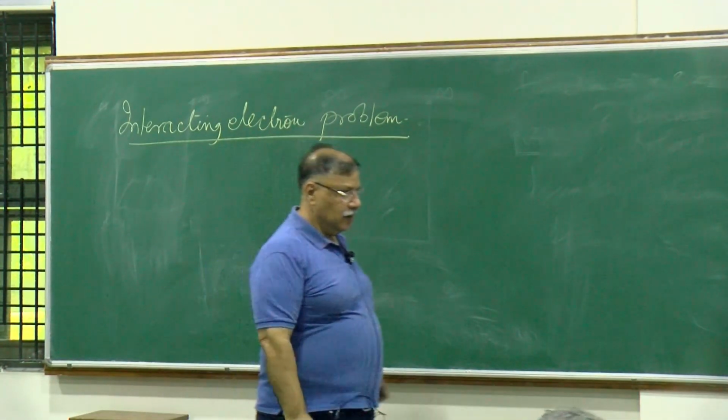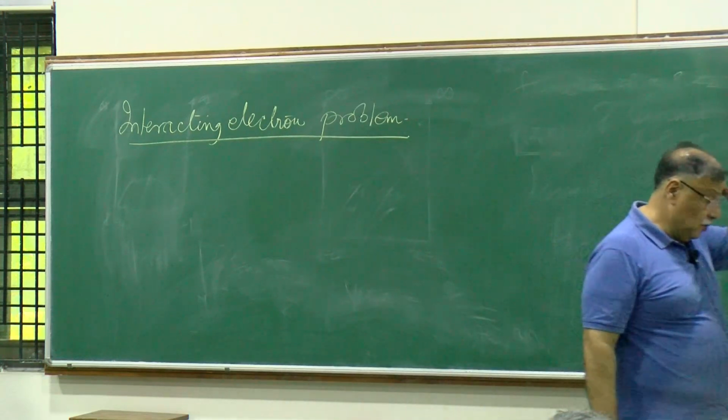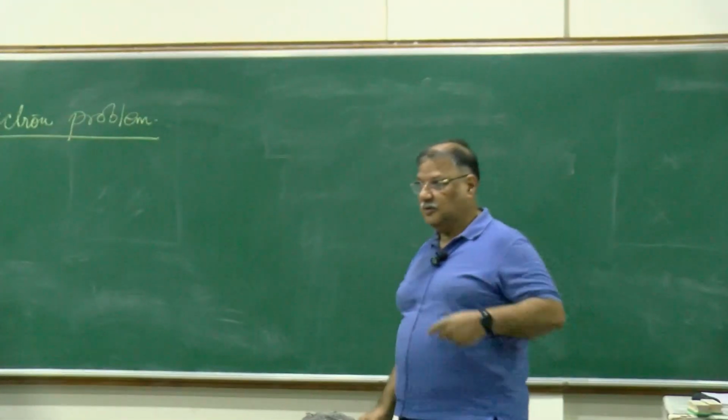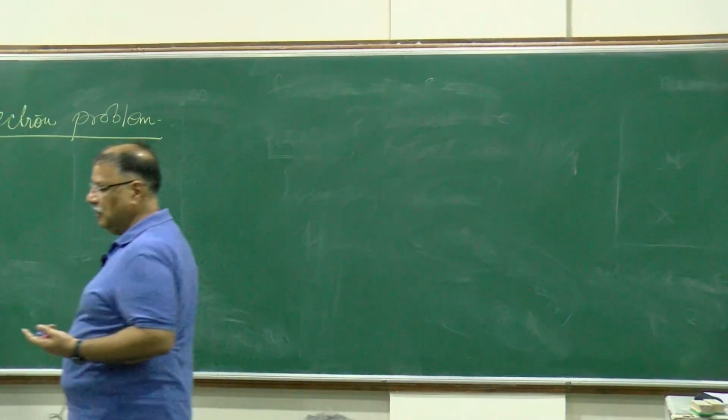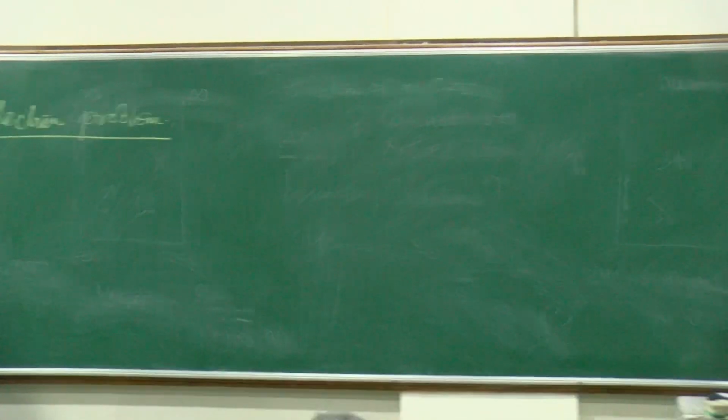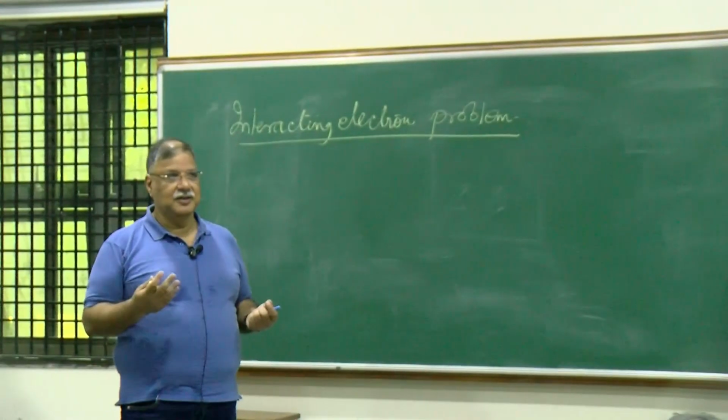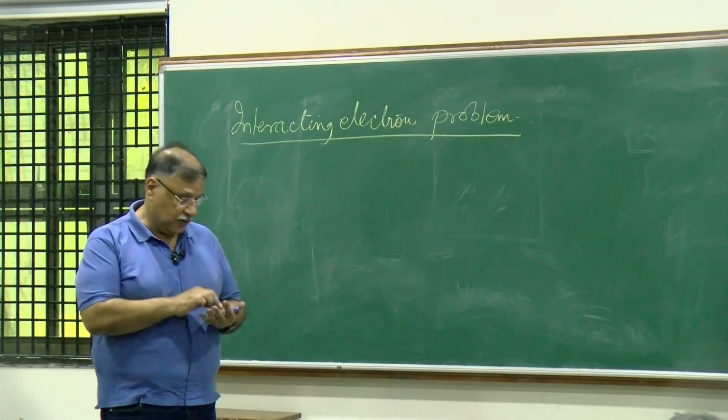I hope I have motivated that looking at density is easier, it's intuitively more appealing, right? And all the chemistry and physics and everything, solid state, comes through looking at the density. You look at valence electrons, you see where they're going.